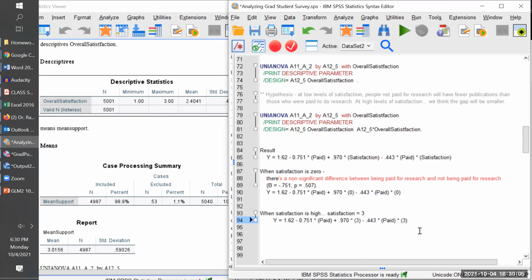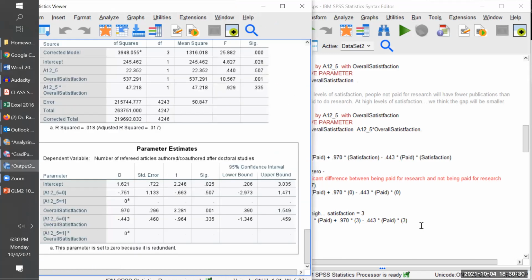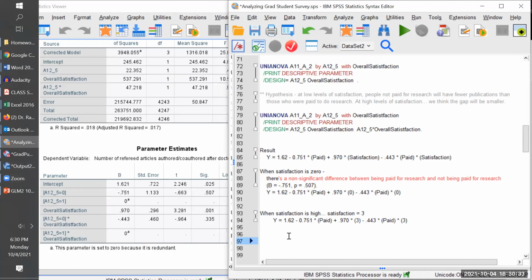Now we can do some reduction to get there. And then what we'll know if we plug in 3, oh God, I have to do this math now. I'm gonna make you all do the math because I can't do it. Let's do one if you're not paid. Wait, which one is paid and which one's not paid? If you're paid, it's 0. So let's do one for paid.